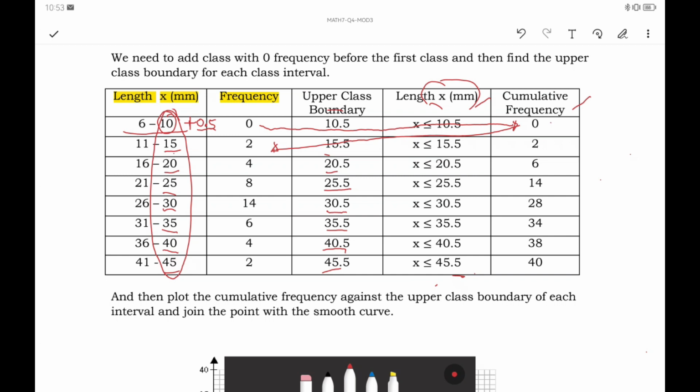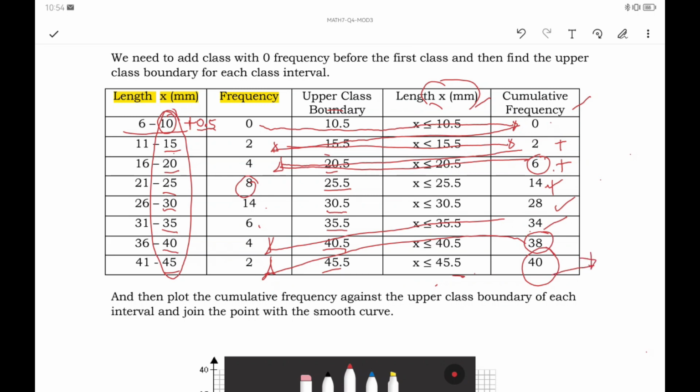Plus the next is 4. 2 plus 4 is 6. 6 plus 8 is 14. 14 plus 14 is 28. 28 plus 6 is 34. 34 plus 4 is 38. 38 plus 2 is 40. So we now have the cumulative frequency, which is 40 on the last one.